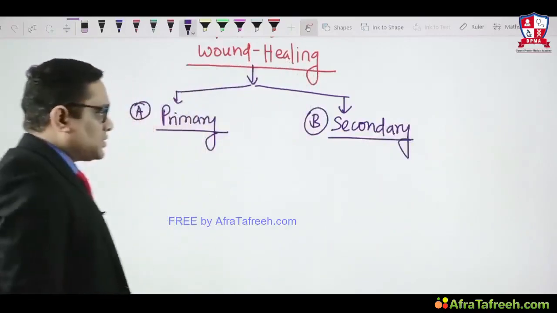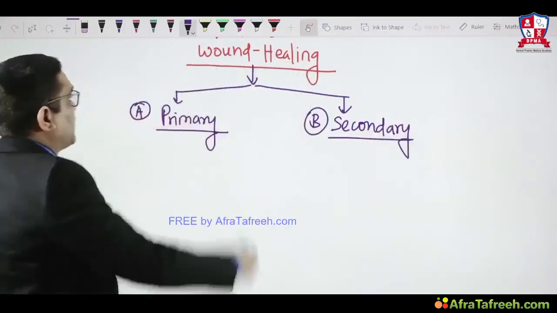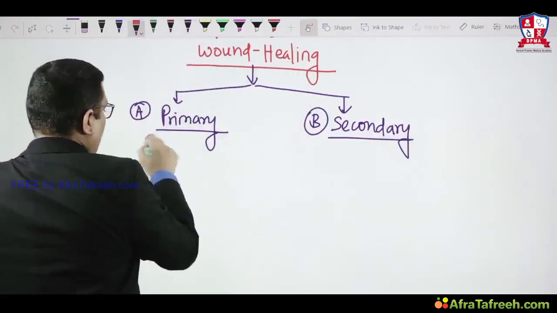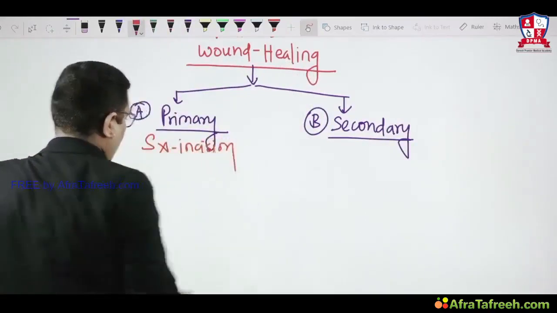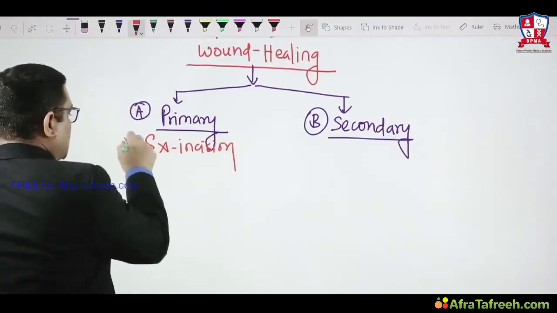Primary or secondary. So what is the difference between primary and secondary cutaneous wound healing? Take one example of surgical incision. When a surgeon is performing surgery, he applies a surgical incision.